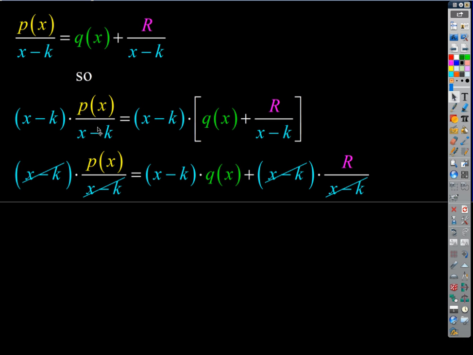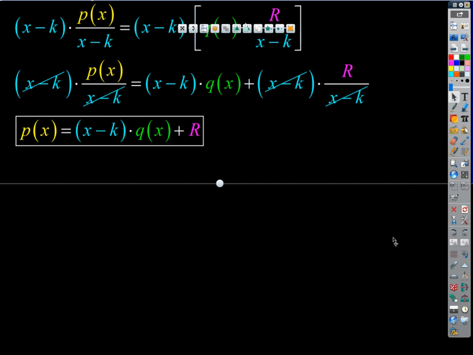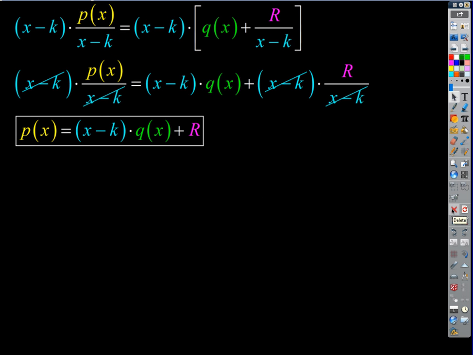On the right side, if I distribute the x minus k to both terms, I get x minus k times q of x, the polynomial part of our answer, plus, in the second term, the x minus k's cancel. Would you agree I just get something like that? Okay, that's pretty significant, right?